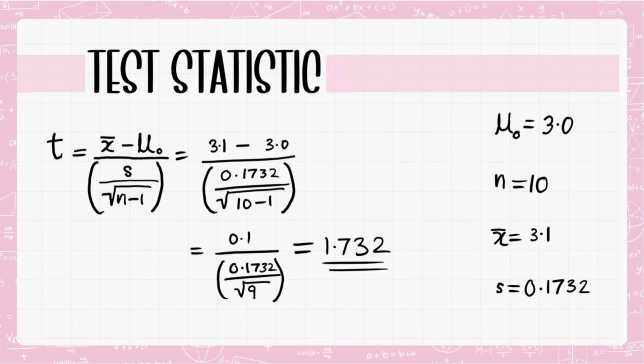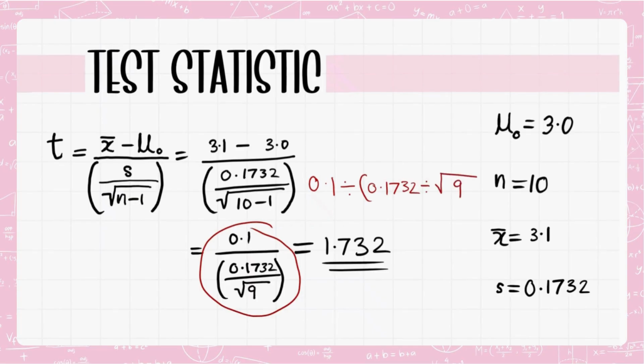And here again, I would say you can use this part directly in your calculator. So it would be 0.1 divided by open bracket 0.1732 divided by square root of 9. And that will give you this.